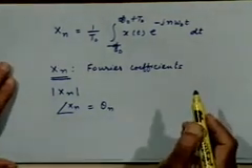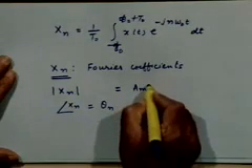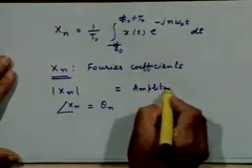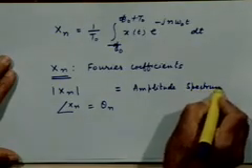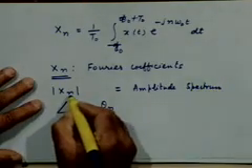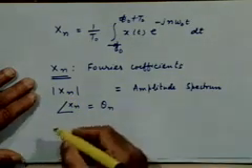The nth component being e to the power j n omega naught t, right? Therefore we call this the amplitude spectrum of the signal when we plot x of n against n, where n is an integer going from minus infinity to plus infinity.